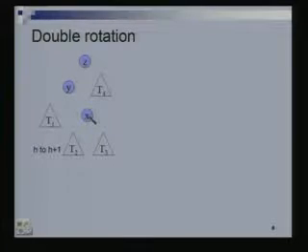Since this is balanced even after the insertion, the height of this is either h plus 2 or h plus 1 or h. If it is h plus 2, then that means x was originally imbalanced. If it is h plus 1, then that means the height of x has not changed. So it has to be h. I am repeating the arguments, it is the same as before.